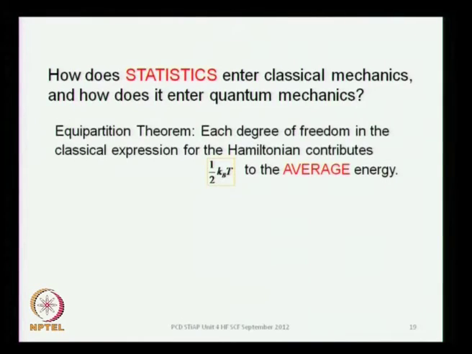Okay. That you may not need that much information is a different matter, because when you want to talk about the average energy of some system, then you know that each degree of freedom will contribute half kT to the average energy, right.